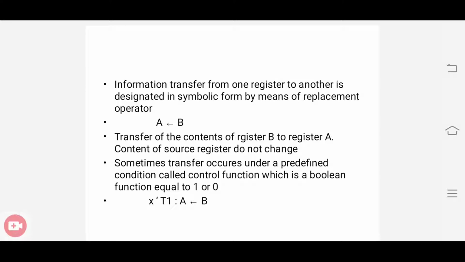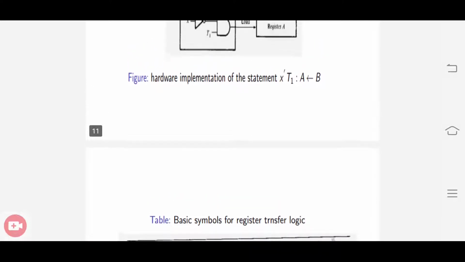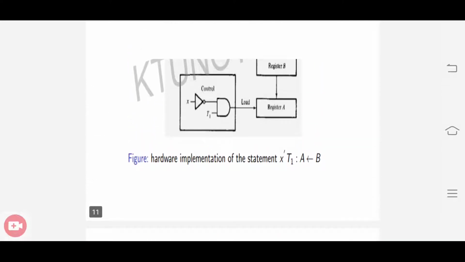This is actually RTL, that is register transfer language. This can be represented by a figure, the hardware implementation of the statement xt1 colon A replacement operator B. That means the content of register B is transferred to the content of register A with the control function load. The load operation happens at time t1. Clear?